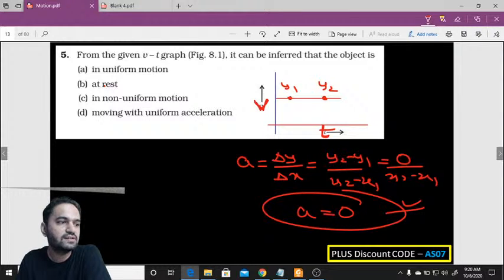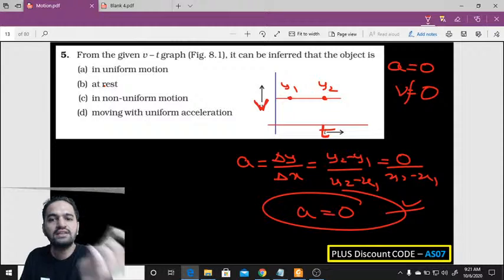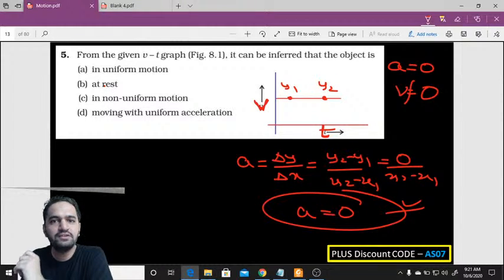Are you understanding? Okay, so in this case the velocity is there. Velocity is not 0, but acceleration is 0. Now what type of body has acceleration 0 but velocity not 0? It means the body has velocity but doesn't have acceleration. That means it is moving with some uniform speed.